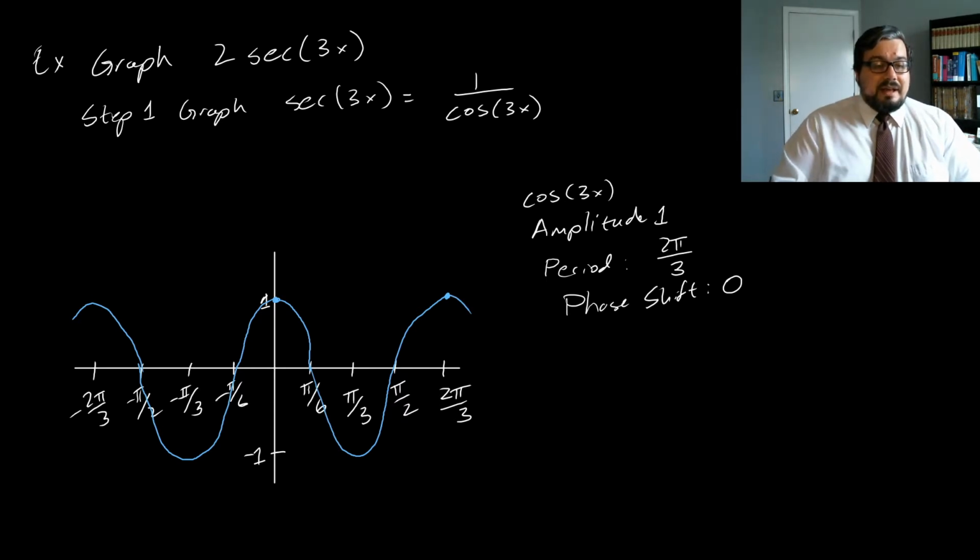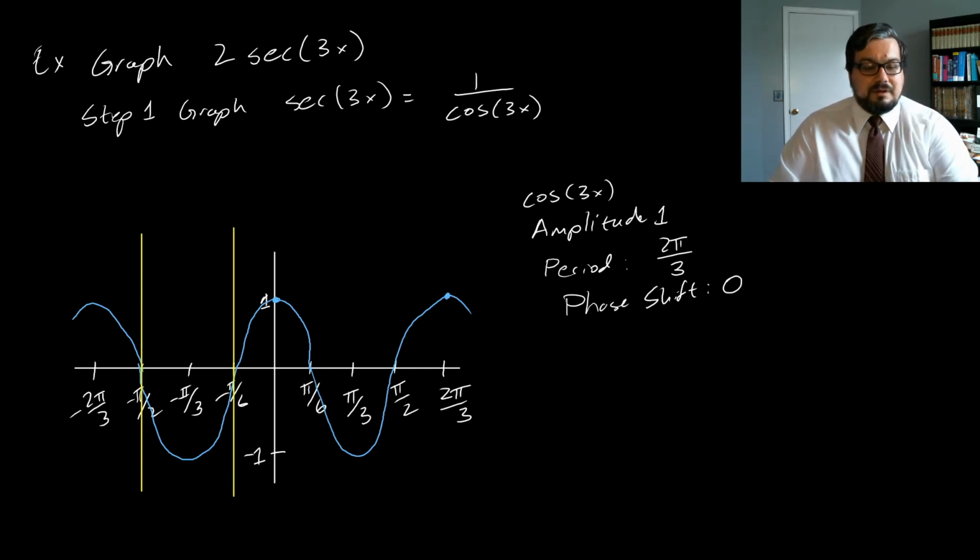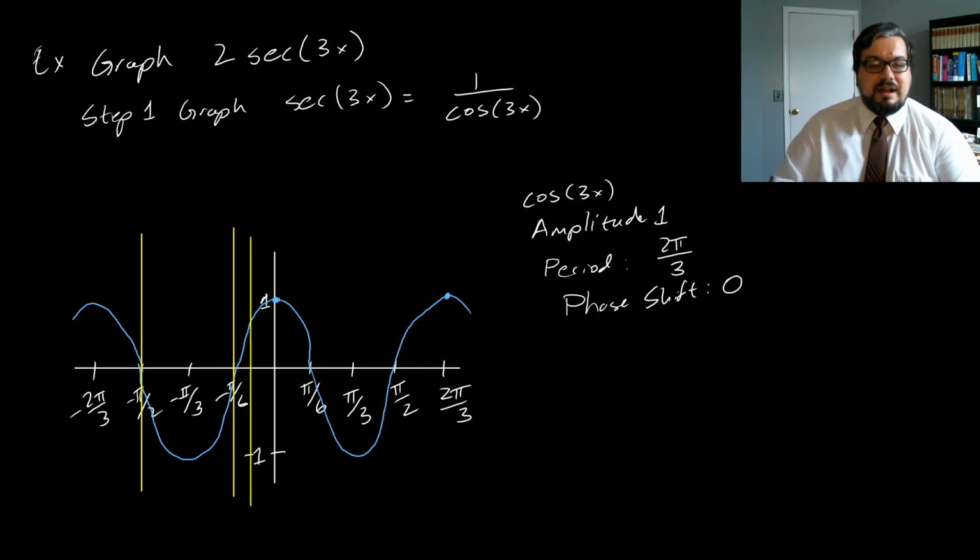And once again, to graph secant, once we've graphed cosine, we're going to put asymptotes down where cosine equals 0, because the graph of secant is going to have an asymptote wherever the graph of cosine reaches the x-axis, because that's where cosine is 0.